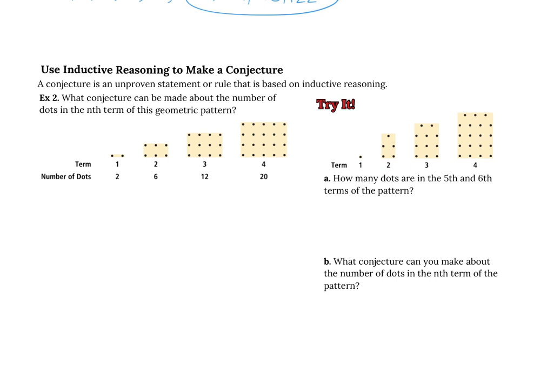Let's sketch this out. If I take that last one, I've got 5 across: 1, 2, 3, 4, 5, and then 4 up.